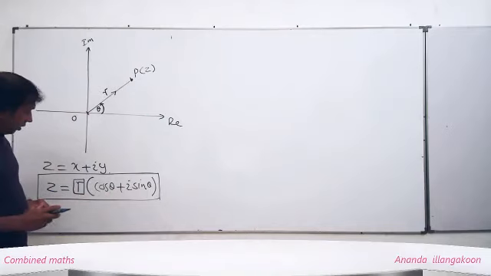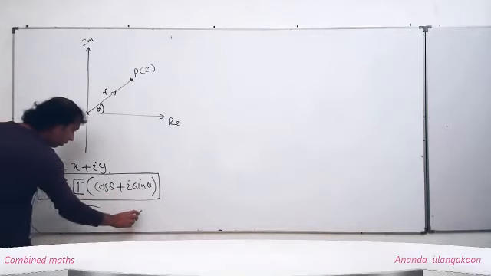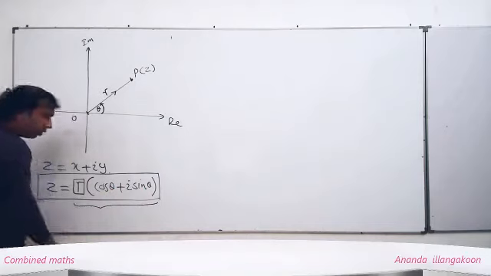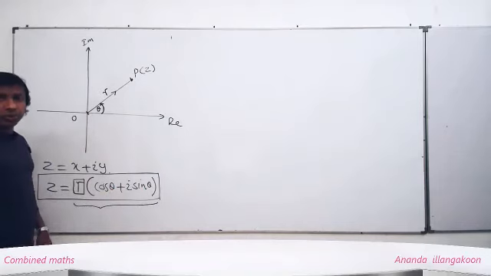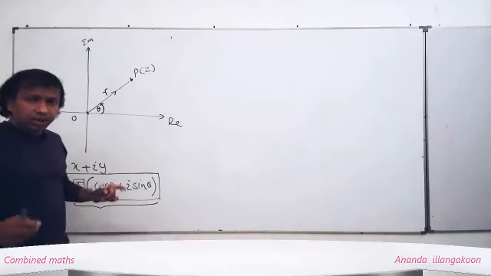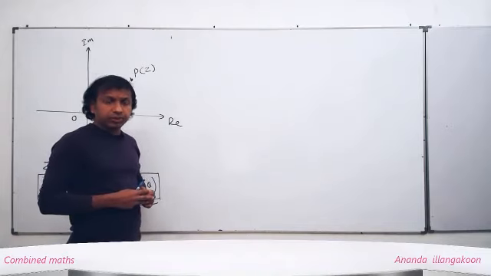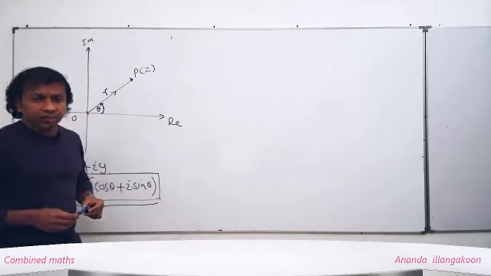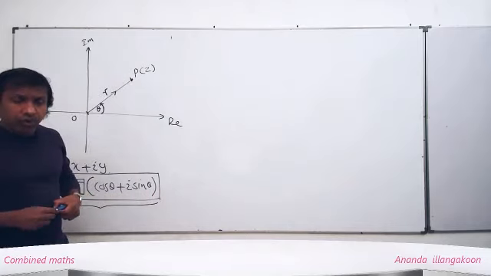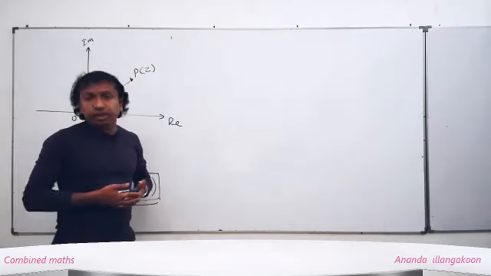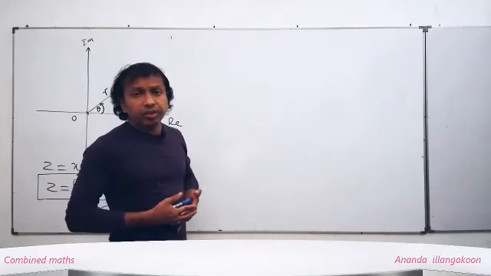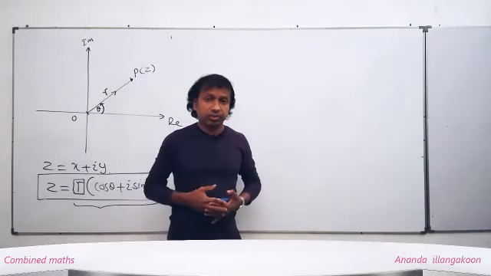In this form of the complex number, we have used the two properties of a line segment, its length and the direction, to represent the complex number. So whenever we use length and direction of a line segment to represent anything, we have the idea of the vector.